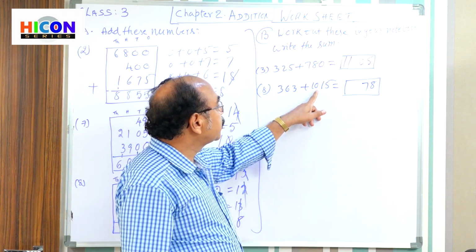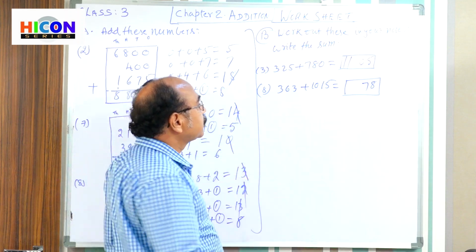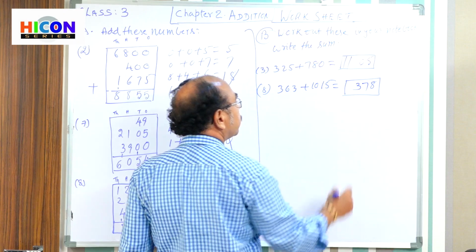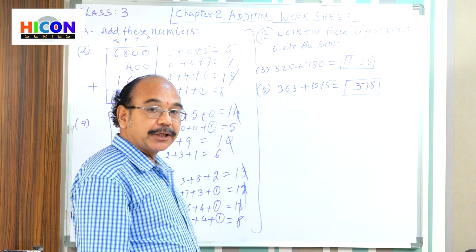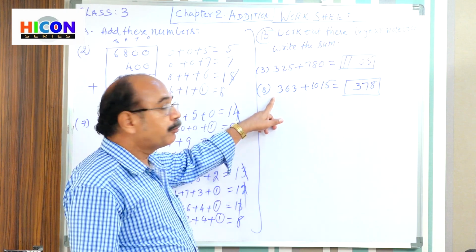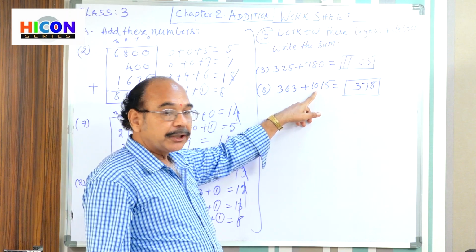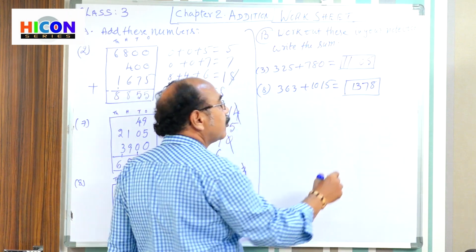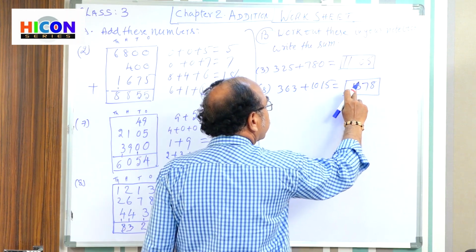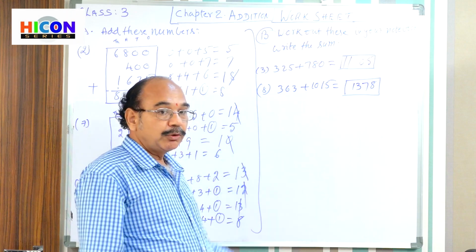Here 0 is there, here 3 is there. 3 plus 0 is 3. Write 3 in the hundreds place. Now, thousands place. In the first number, there is no digit in the thousands place. In the second number, the digit in the thousands place is 1. So 1 we have. 1378. This is the sum of the two numbers.